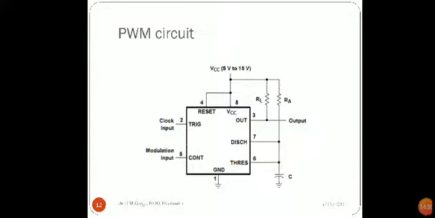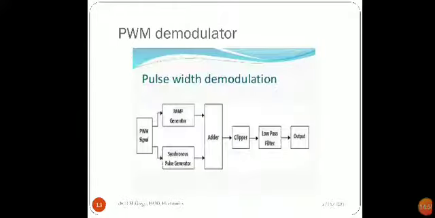But now in order to have PWM output, you are applying the information signal or modulation input to pin number 5. So as the modulation input increases, the pulse width of the output increases, and as the modulation input amplitude decreases, accordingly the width of the PWM output will decrease. So this is a simple circuit of the PWM.